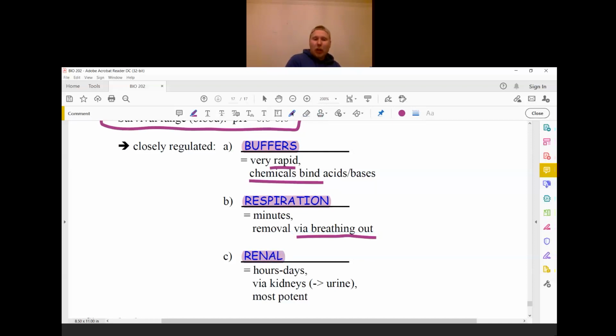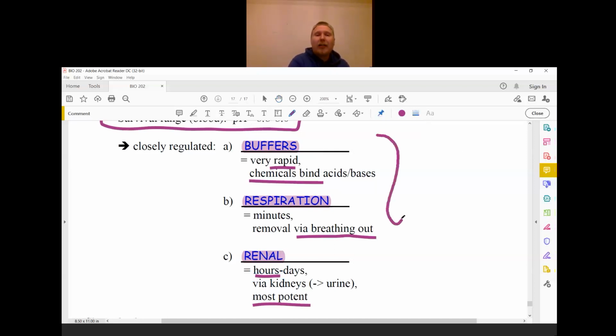It is slowest, so it can take anywhere between hours and days to get rid of materials via the kidneys, such as hydrogen ions, getting rid of them via the kidneys in urine. But it is also the most potent, so it's a very, very efficient way of balancing the pH and bringing the body pH to the normal range.